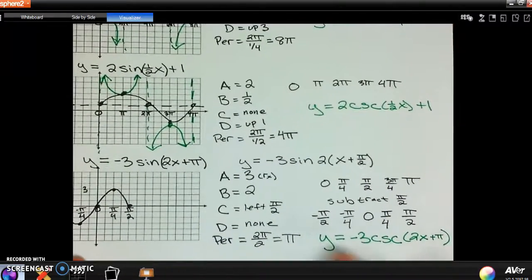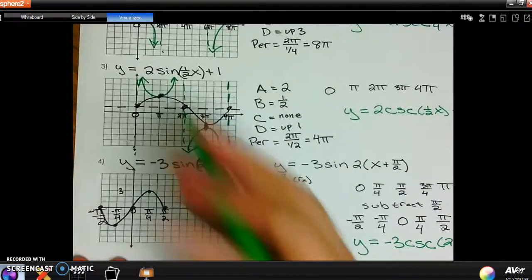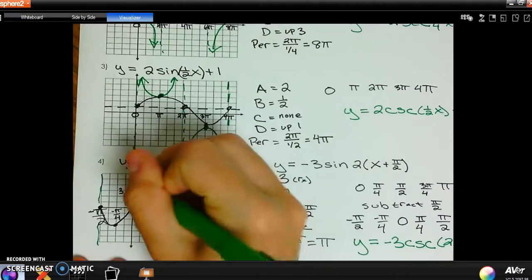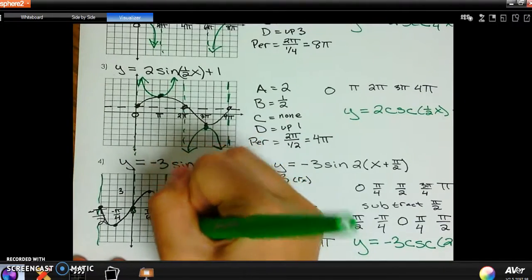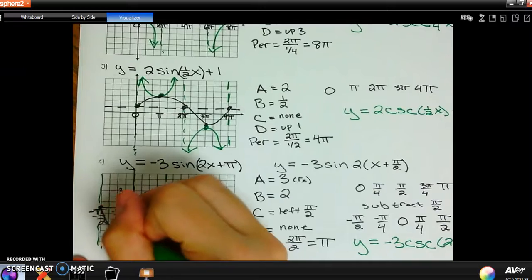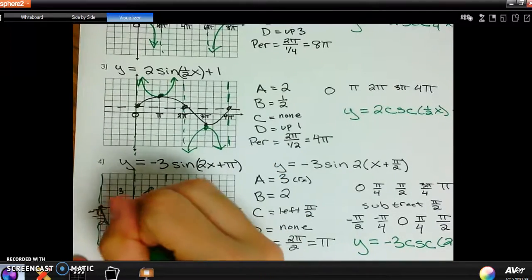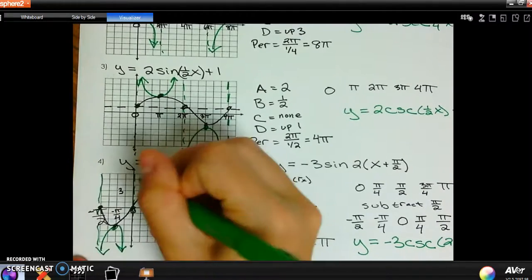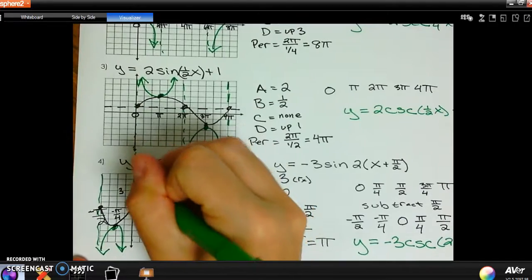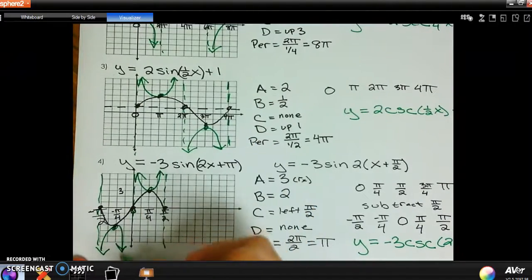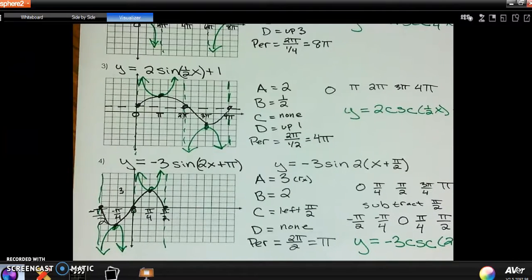And wherever you're on the baseline, we just drop in vertical asymptotes, like these here. And you give it a kiss at the top and the bottom. Where it's up, it's up, and where it's down, it's down. So here it was below, so you're going down. Here it was above, so you're going up. And that would be how you graph the cosecant graph on this one.